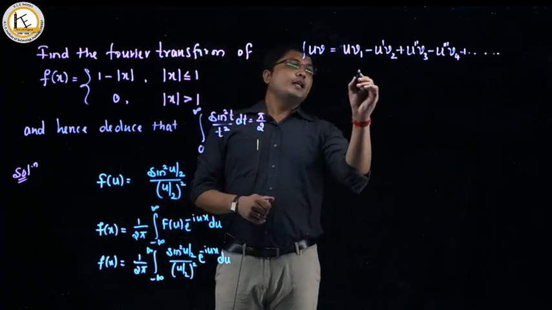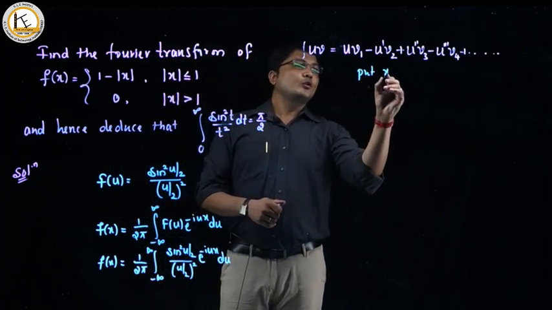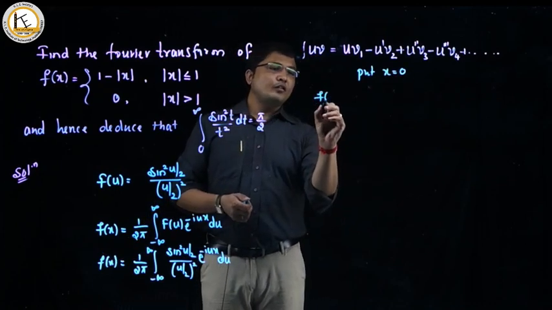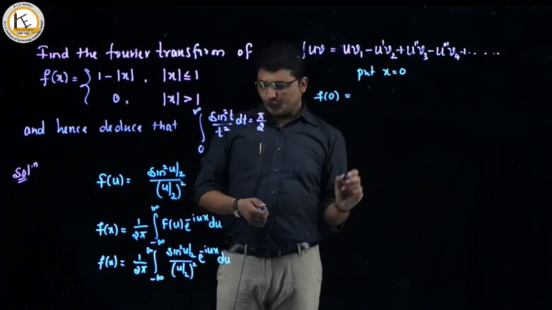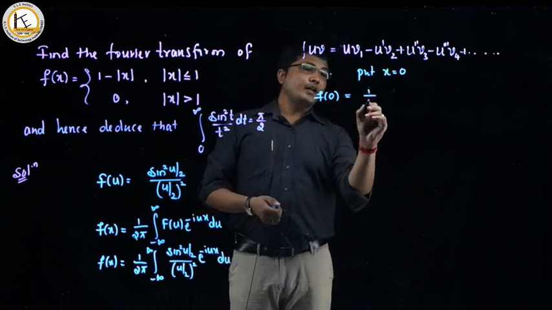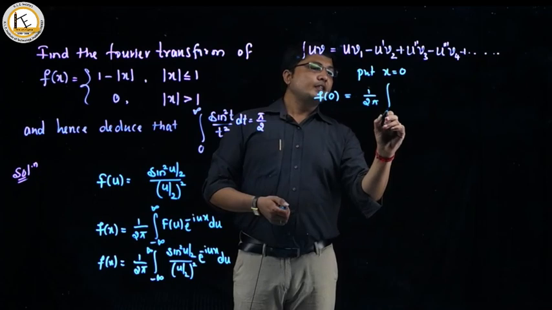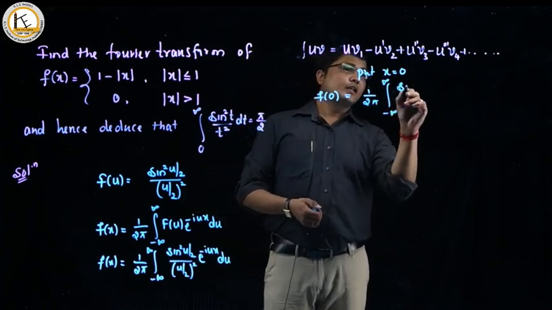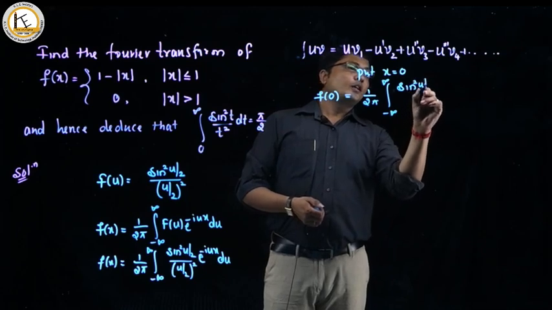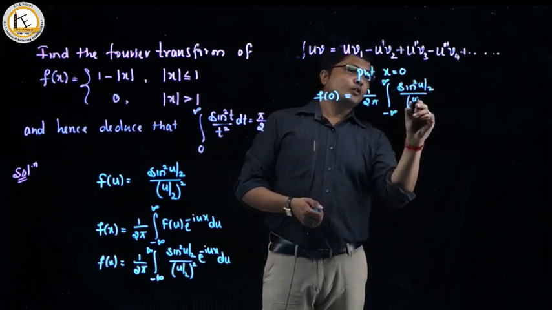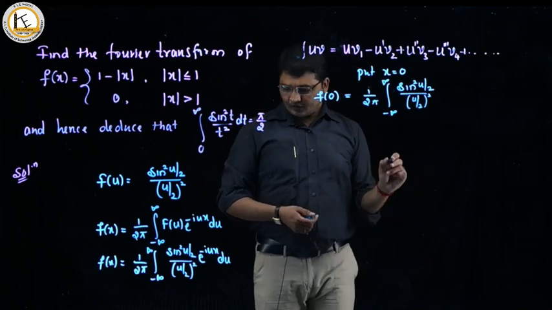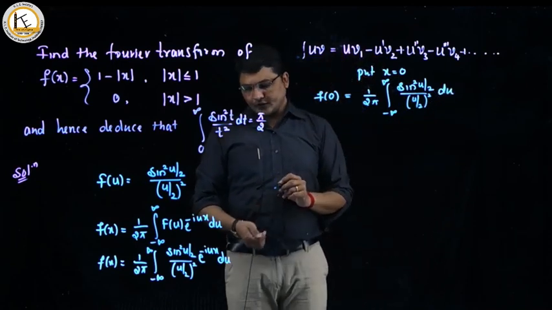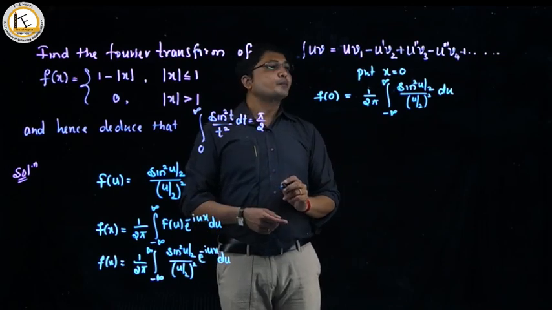So put x equal to 0 and f of 0 is equal to 1 by 2 pi integral minus infinity to plus infinity, sine square u by 2 divided by u by 2, the whole square, with respect to u, because we have substituted x equal to 0, so this e raised to 0 becomes 1.